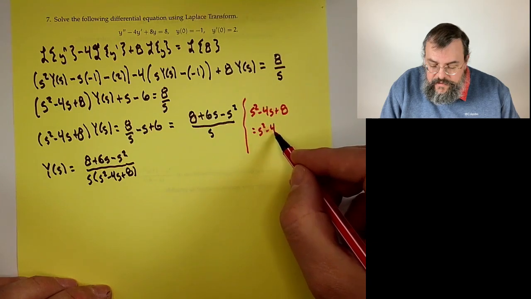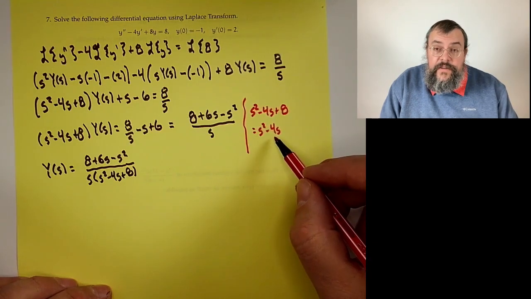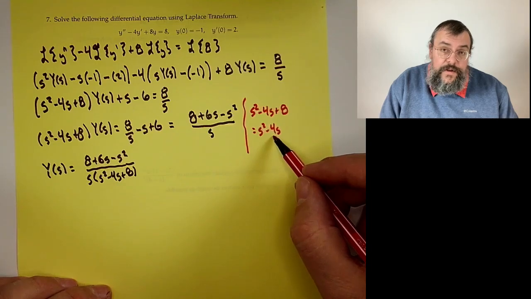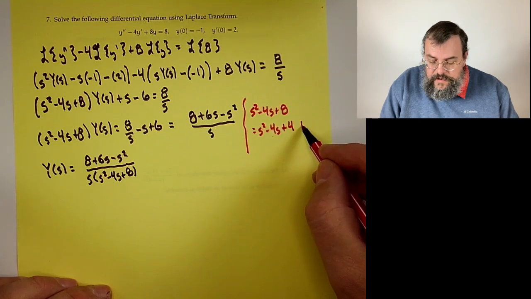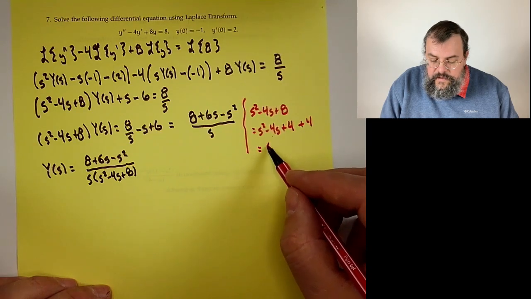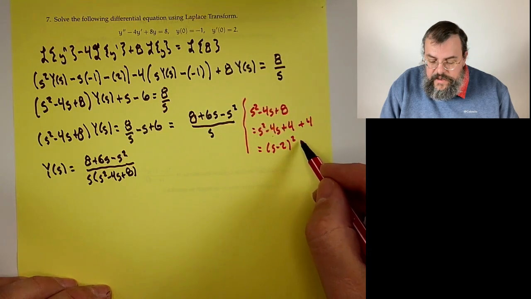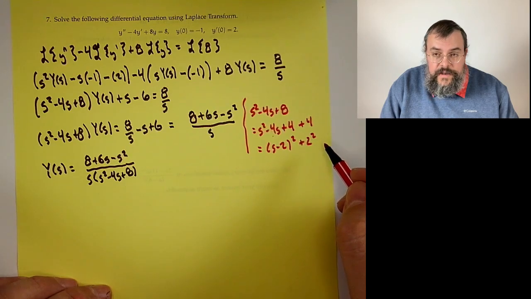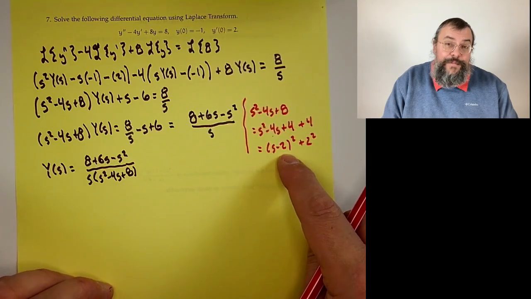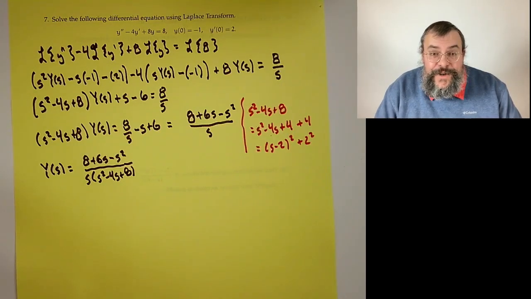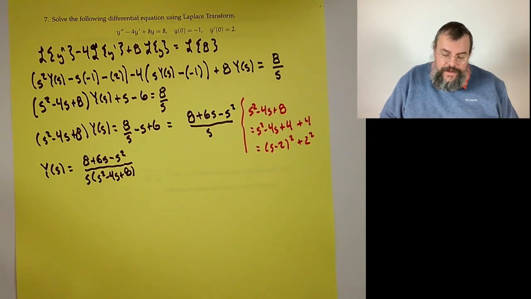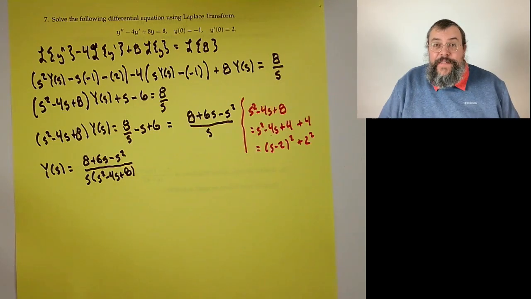So s squared minus 4s, if I wanted to complete the square, divide the middle term by 2, minus 2, square that is 4. And that leaves us 4 short. So it's s minus 2 squared plus 2 squared. So this really says complex roots, which means we're going to have cosines and sines showing up in some way, shape, or form. But for right now, let's not worry about that.